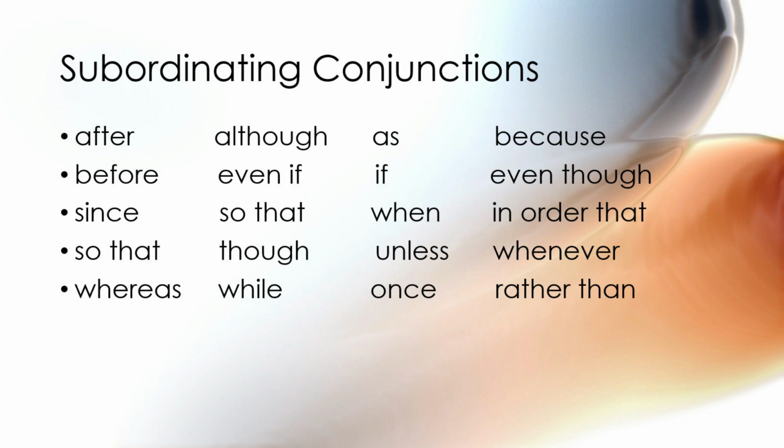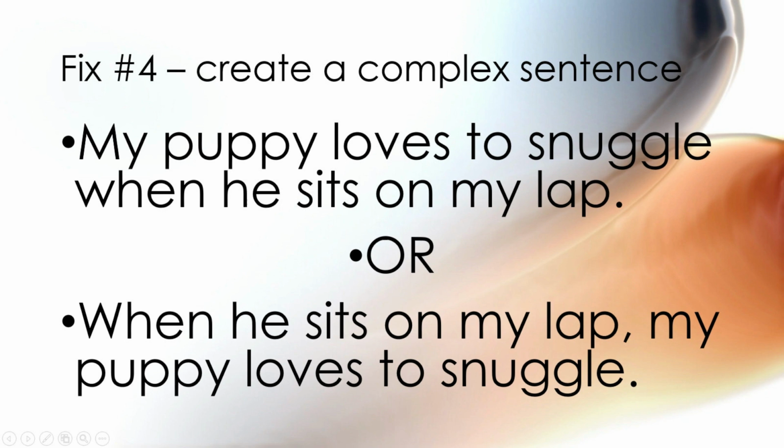Let's take another look at the sentence I fixed in this way. The subordinating conjunction I chose was the word when. My puppy loves to snuggle when he sits on my lap. Notice when I leave the sentence as it was before and just insert that subordinating conjunction between the two parts of the fused or comma splice sentence, there's no extra punctuation.